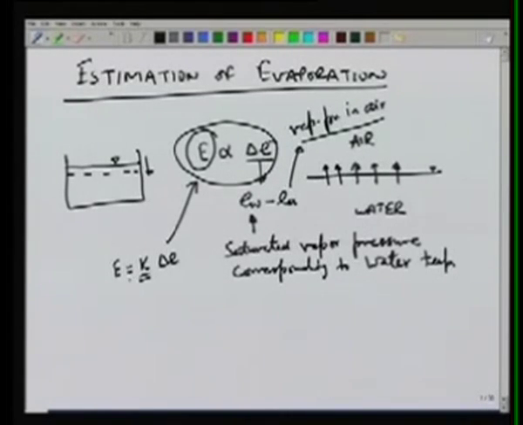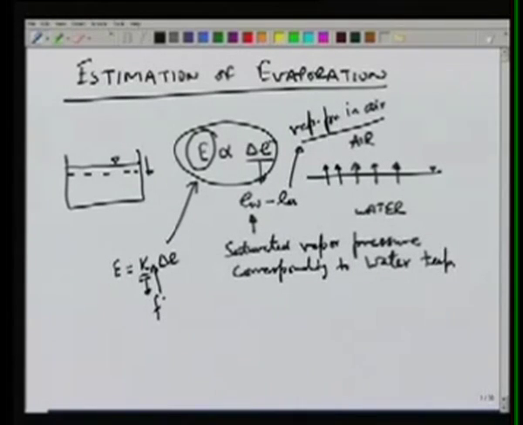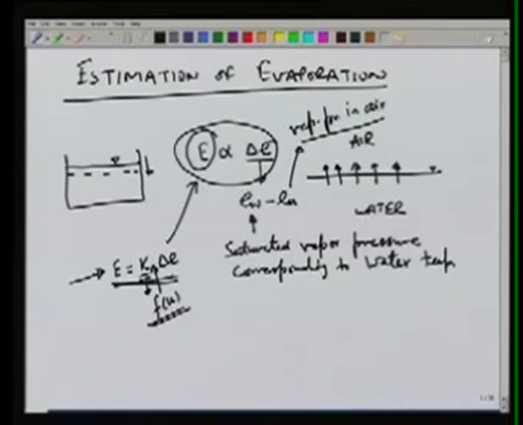For example, we have seen that the wind speed is important, so K may be dependent on wind speed, or we can have another function here which is a function of the wind speed, sometimes atmospheric pressure, and so on. So these kind of empirical equations have been derived for various locations, but they would typically be valid only in that area. Universal acceptance of these empirical equations is not very common.